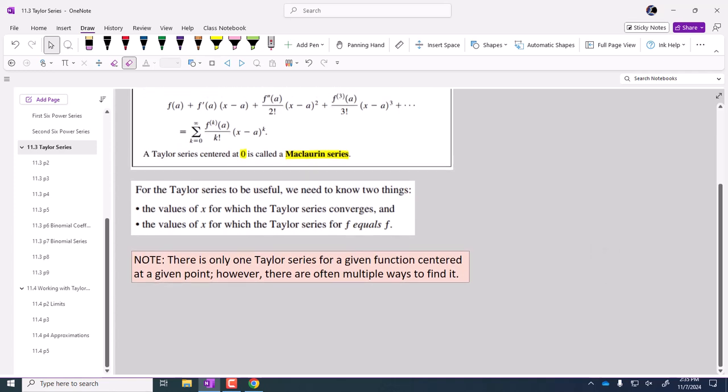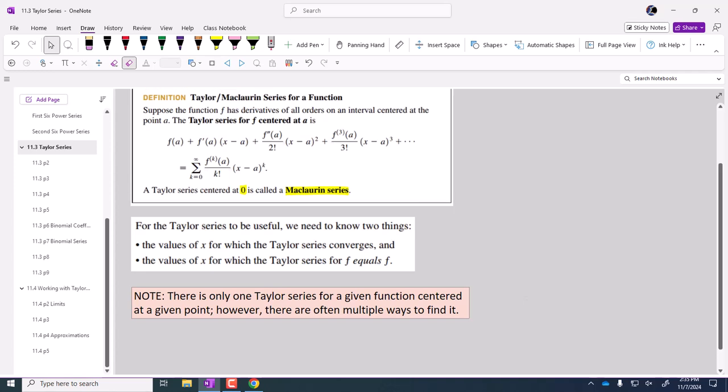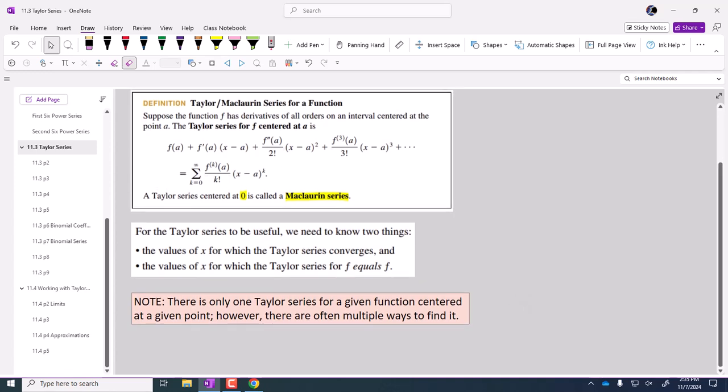Okay, so here's a subtlety that when you get into advanced calculus, if you go that far, you wrestle with. So it says, for a Taylor series to be useful, we need to know a couple of things. So we need to know where it converges. So that's the interval of convergence. And we also need to know the values of x for which the Taylor series is identically equal to the function.